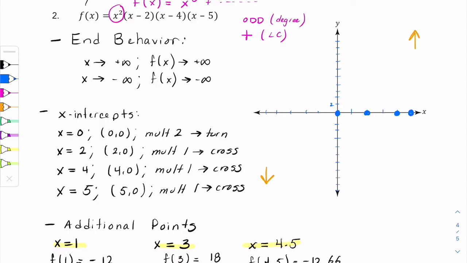I need to plot a point at 1, negative 12, another point at 3, 18, and the last point at 4.5, negative 12.66.